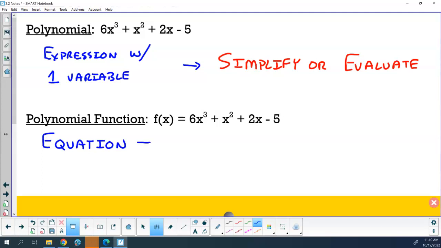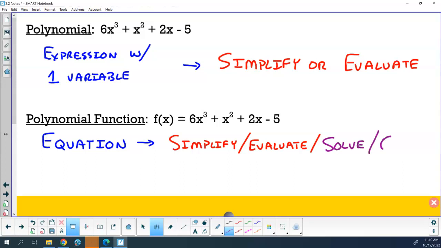It's got the equal sign. Because it has the equal sign, now I can still simplify it. I can still evaluate it. But now I can also solve it. I can graph it.